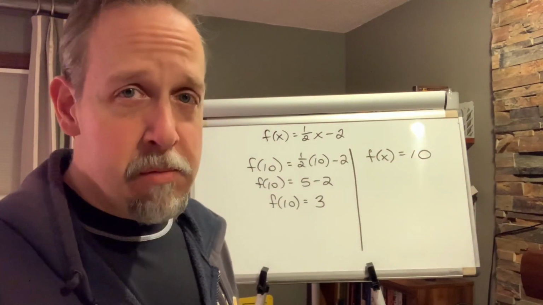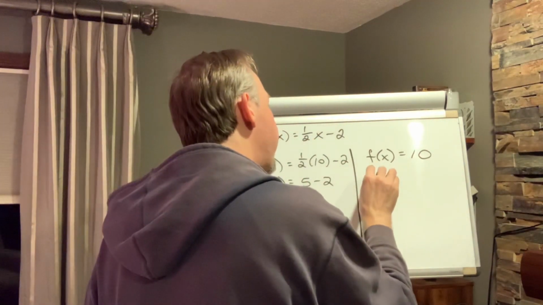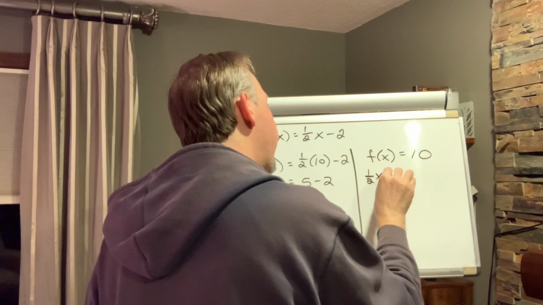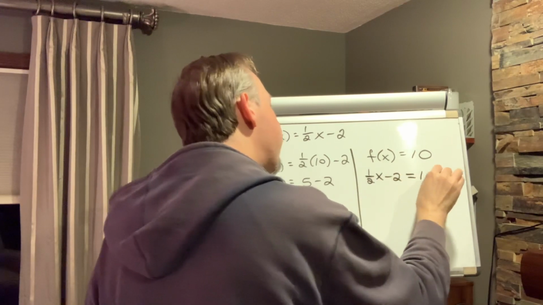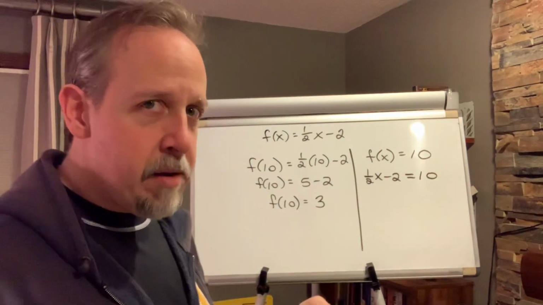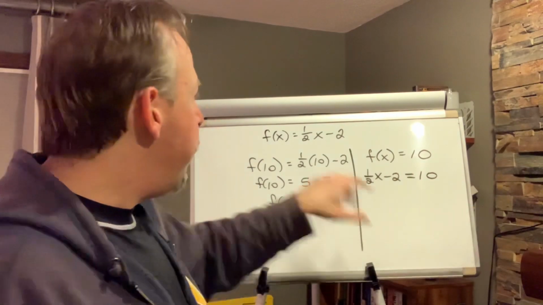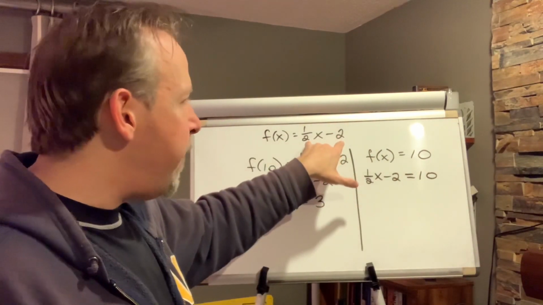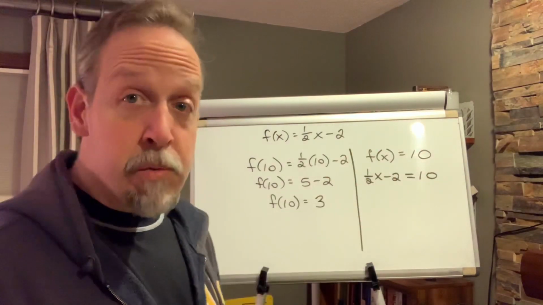So here's what you do. You write down that function f of x, which is 1/2 x minus 2, and you make it equal 10. See what I did? I took the function. See, it says f of x equals 10. Well, f of x is 1/2 x minus 2. So 1/2 x minus 2 has to equal 10.